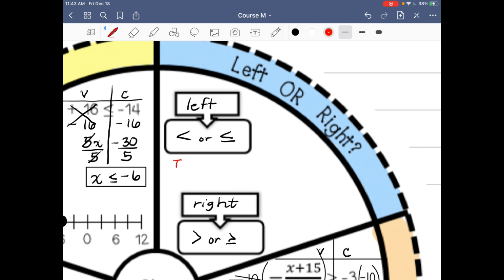And always remember, if you multiply or divide by a negative, reverse the arrow.